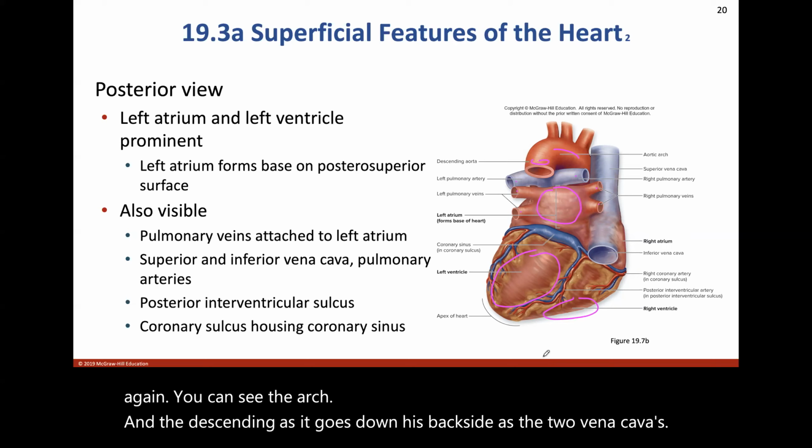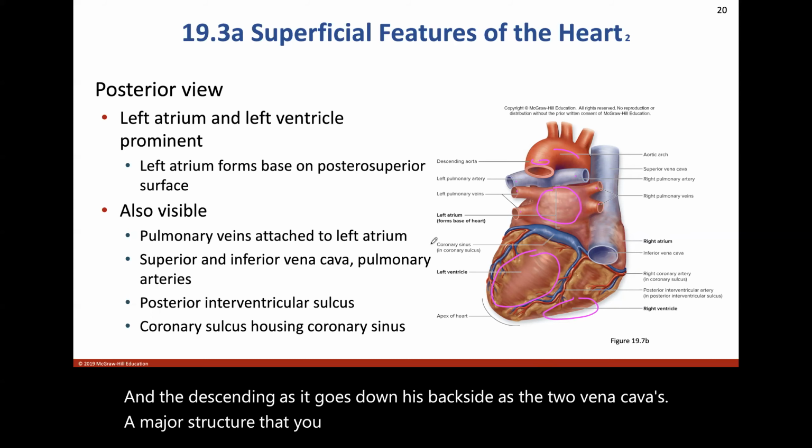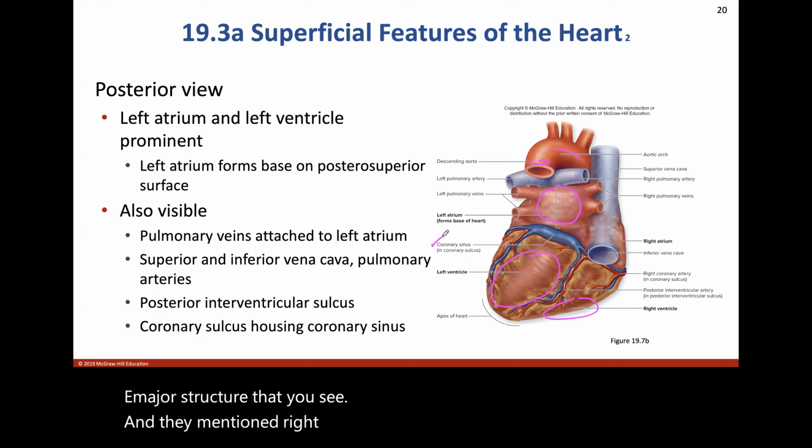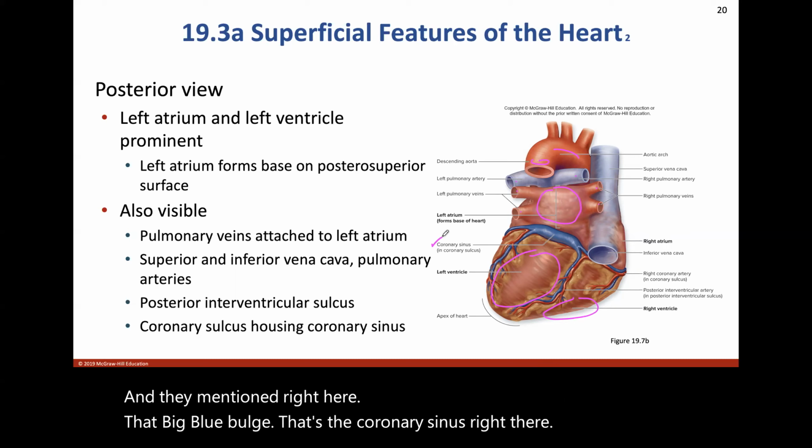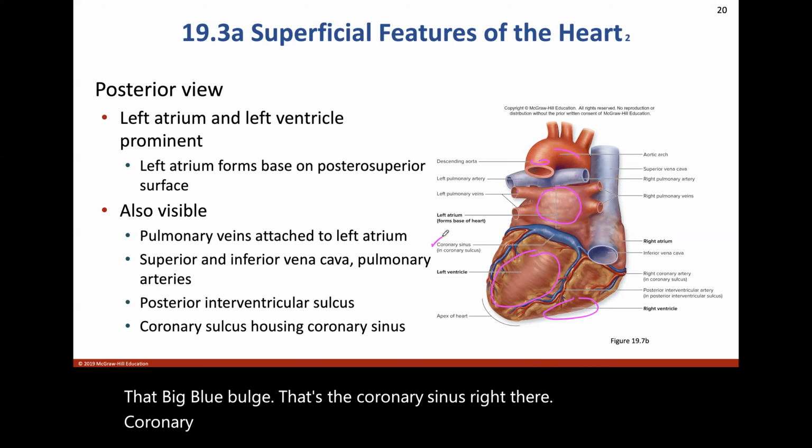A major structure that they mention right here, that big blue bulge, is the coronary sinus right there. The coronary sinus is one of those major vessels that returns blood to that right atrium.